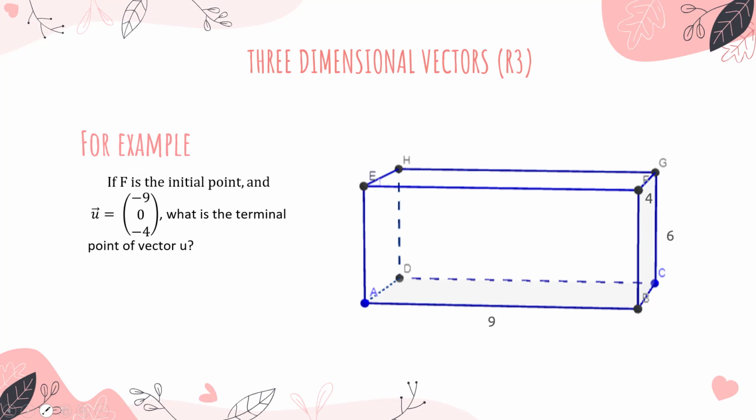So what is your answer? Let's check your answer. From point F, you will move 9 units to the left, 0 units up or down, and then -4 means you move further from the source, so you end up at point H. So this will be the terminal point of the vector.